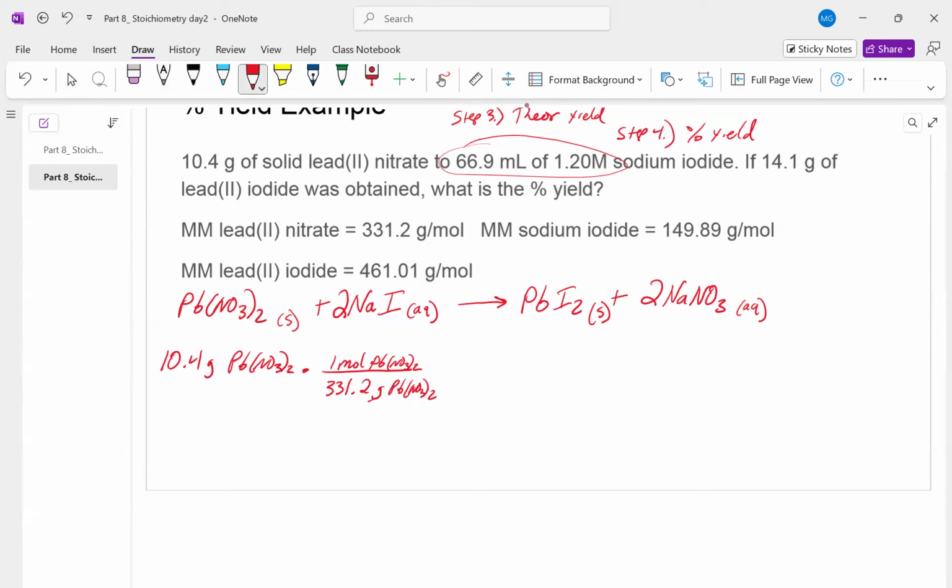So that gets me to moles of lead nitrate. Now I want to get to moles of product. What do I use to do that? I'm going to use the coefficients from the balanced equation. And that's a 1-to-1 ratio. 1 mole of lead nitrate makes 1 mole of lead iodide.